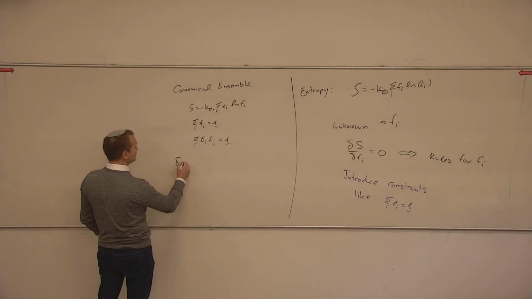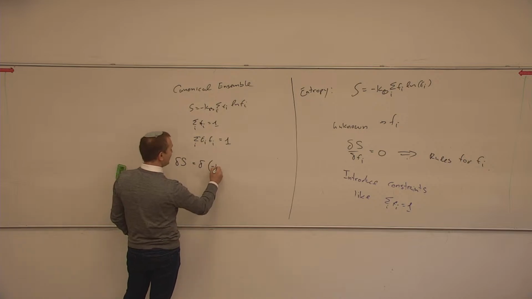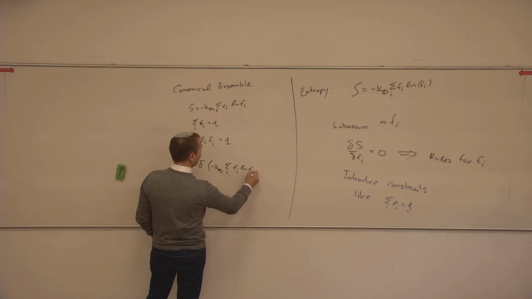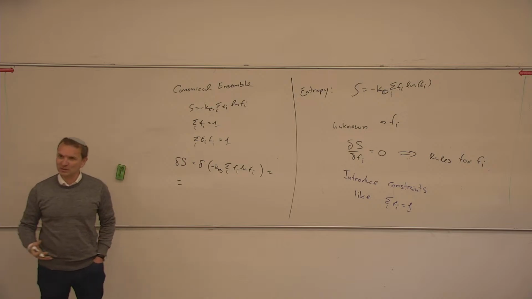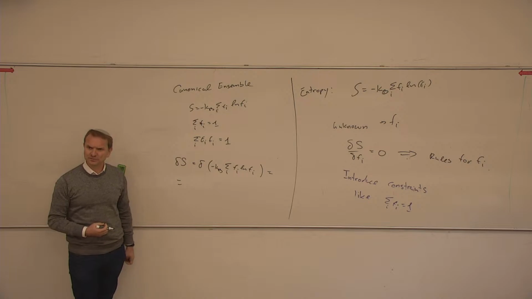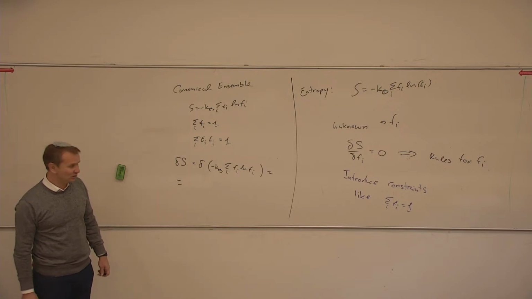So first of all, delta S equals delta of minus k Boltzmann, sum over f_i log f_i. Okay. We look at this as if we're performing some sort of a derivation, that we've basically taken a differential, which is, in a more fancy language, a variation of the function.